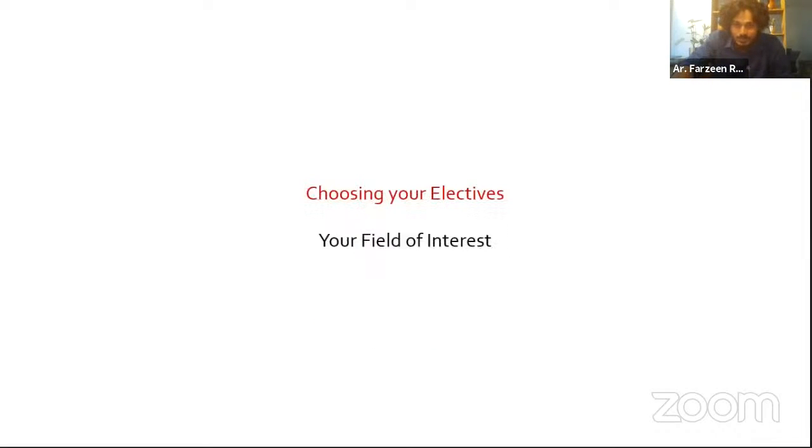Okay. So choosing your electives is completely based on your field of interest. Whatever your interest is, that's your elective. It depends on the universities and the courses and subjects they offer, like architectural journalism, heritage conservation, disaster management, and so on. In my case, I was pretty sure that I would be moving into housing, the residential field.